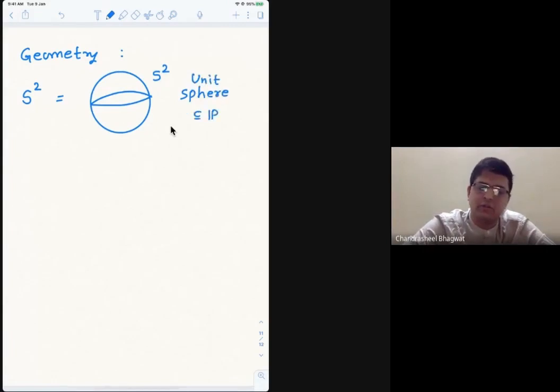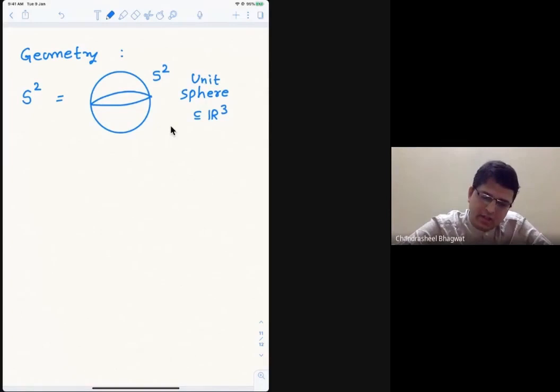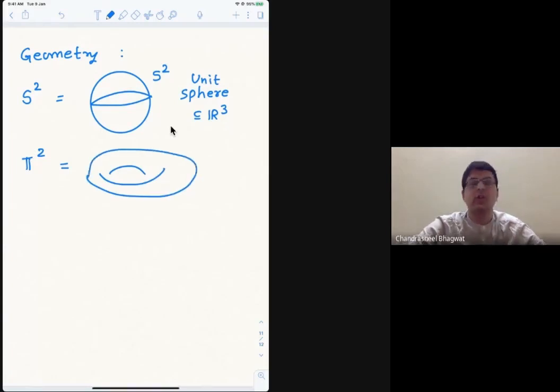So it's not the ball, it's really the boundary of the ball. The inside part is removed, it's a hollow sphere. And the other is the famous shape called the torus, which you can think of as a tire tube or medu vada or donut, whatever you like. But I cannot draw it very nicely, so you have to just imagine that this is a correct torus.